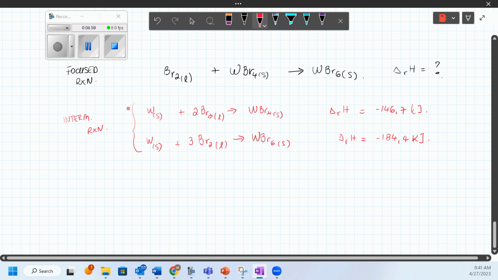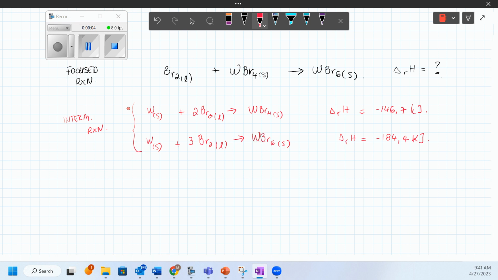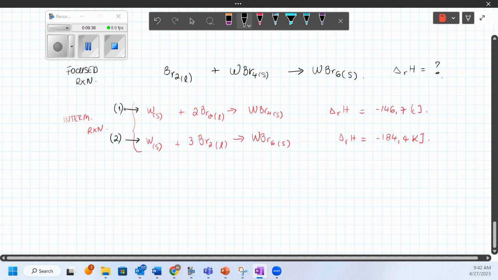And as you see here, we have to kind of manipulate those intermediate reactions, so that when we add those manipulated intermediate reactions, we have at the result the focus reaction. So for the sake of not repeating the whole reaction, I will call this reaction as reaction 1 and this one as reaction 2.